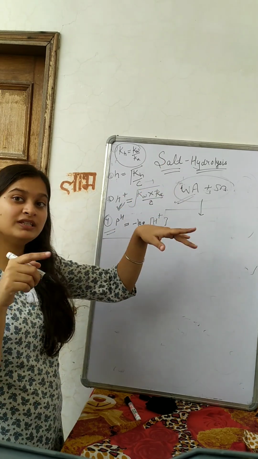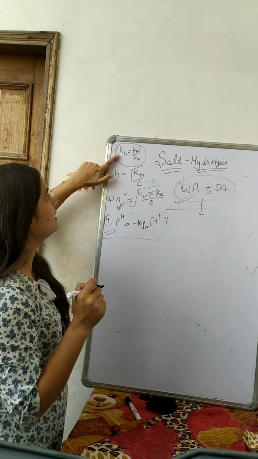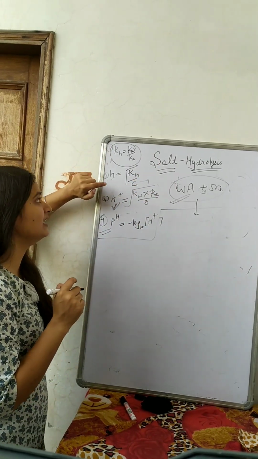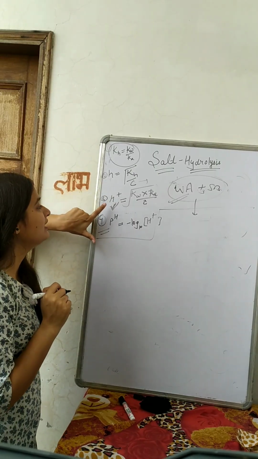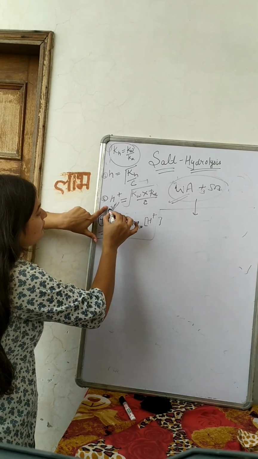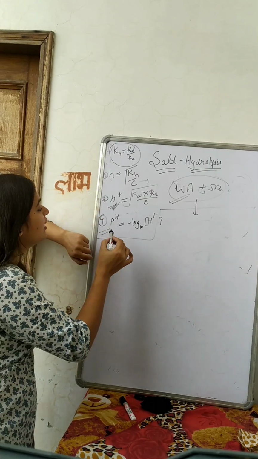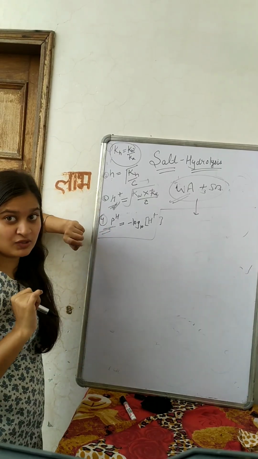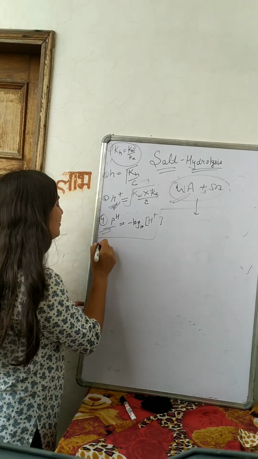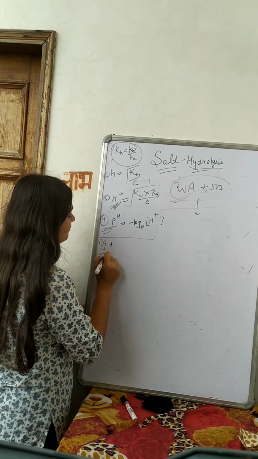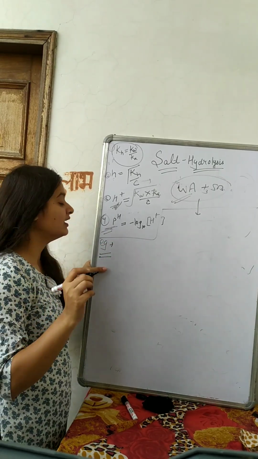Okay. From all these equations, we have to calculate the value of KH, the hydrolysis, and the value of H positive ions, and from that H positive ions we have to calculate the pH also.